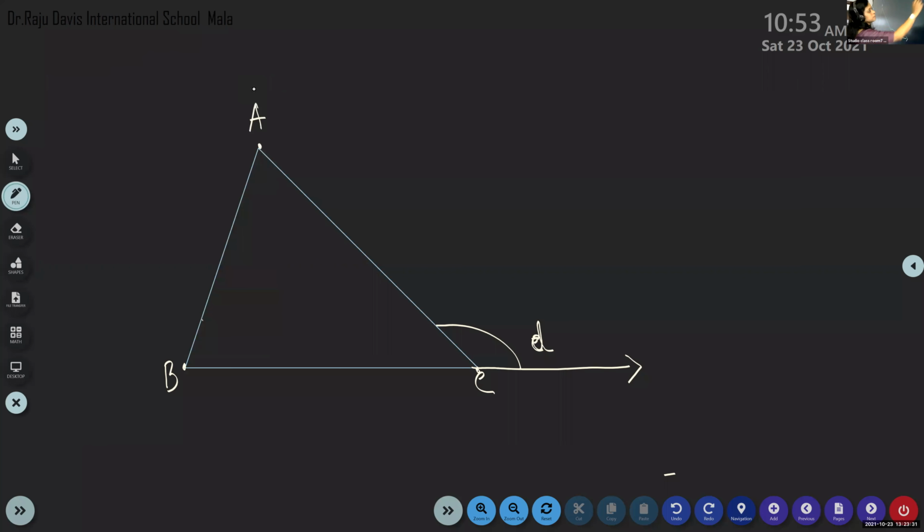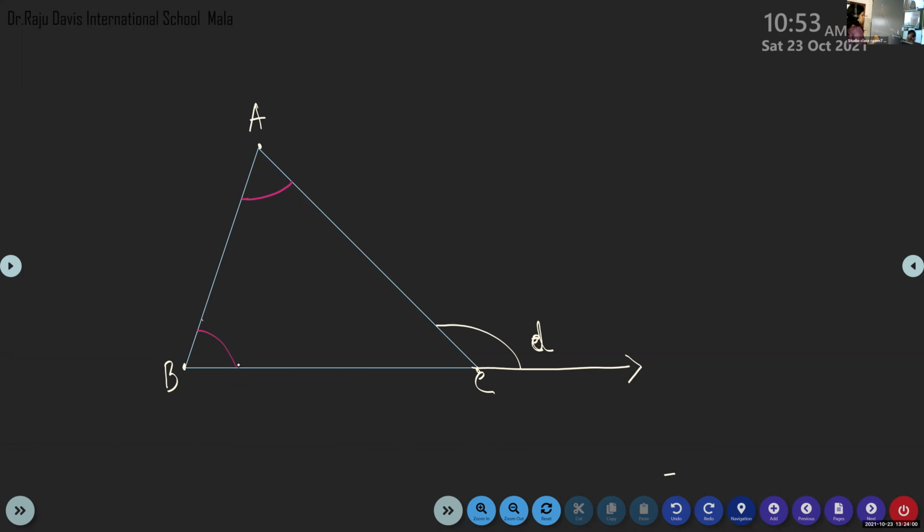Michelle, can you tell me which angles are opposite interior angles to angle D? Angle A and angle B, isn't it? So these two angles are opposite interior angles to angle D.